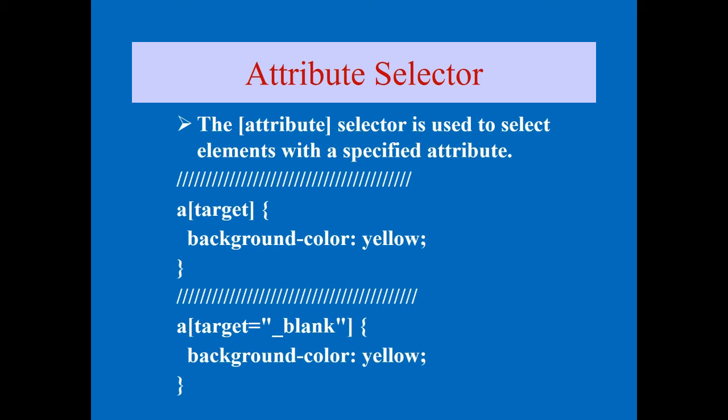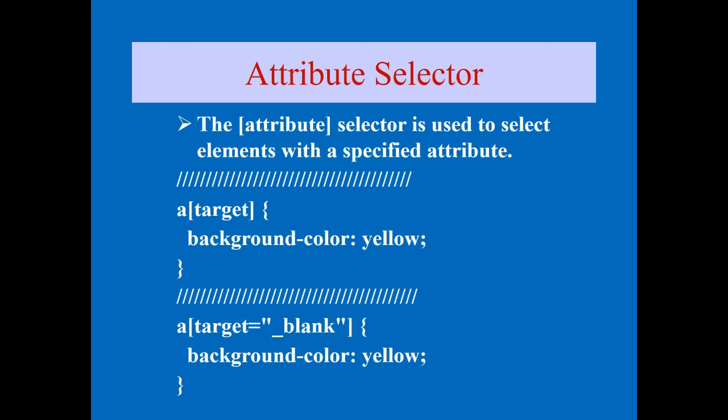Now you see a small syntax here. First, a, and how to write the attribute selector, since there we used a dot or a hash: you write a, then the square bracket, and inside it target, which is the attribute. Whenever you write the anchor tag with target, then we can change the properties. Background color will become yellow.